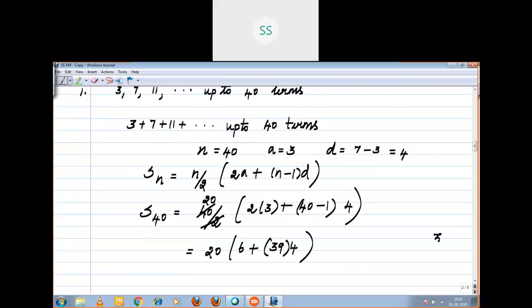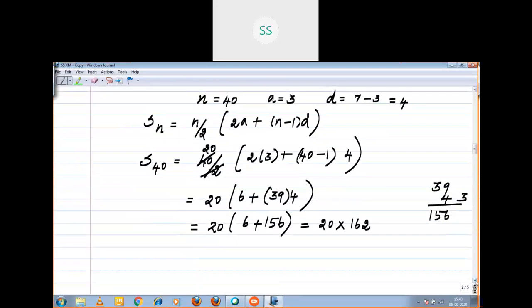Multiply and see. 39 fours are 156. 20 into 6 plus 156, which is equal to 20 into 162. Now you can multiply. 2 twos are 4, 12, remaining 1, 2 ones are 2, 2 plus 1, 3, 1, 0 you should add.